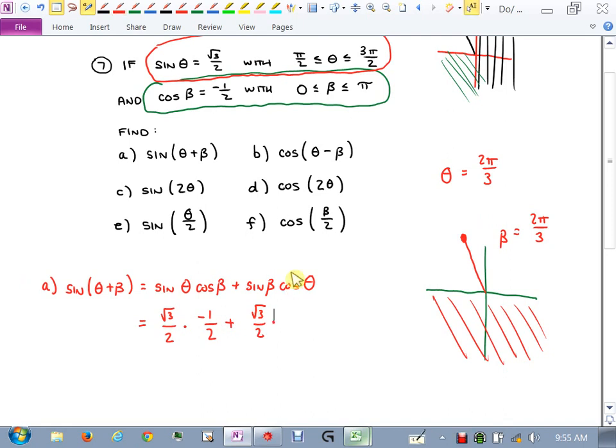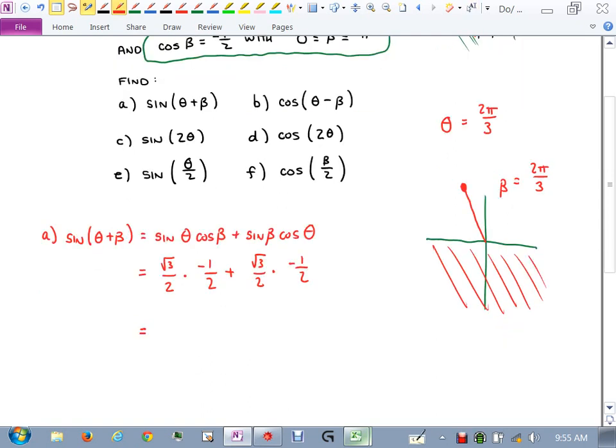And cosine theta was cosine of this angle, which was cosine of the other angle too, so it turned out to be negative 1/2 again. So this would be equal to negative root 3 over 4 plus negative root 3 over 4, which would be negative 2 root 3 over 4, which is negative root 3 over 2. So just multiplying these two fractions, multiplying those two fractions, you get these. Since they have the same denominator, you add the numerators up, and then you reduce the fraction. 2 over 4 is the same as 1 over 2. That okay?